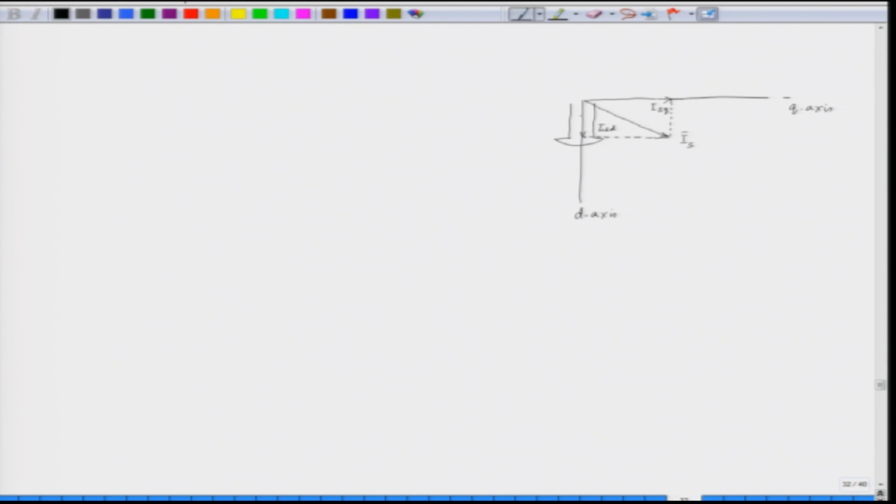Now, the field current is along the d axis, as we have already seen. We have the field current I_f, and because of the field current we have an induced EMF, and the induced EMF is E, which is the normal induced EMF that we saw even for a cylindrical rotor.